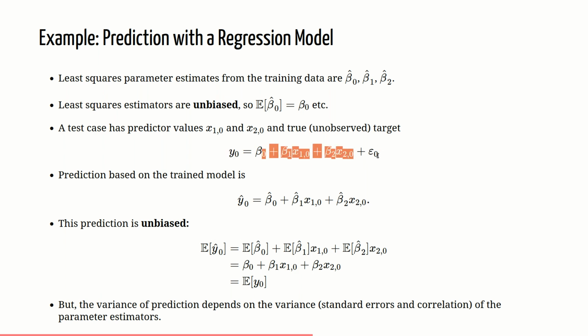The expectation of the error is 0, and so these two things are the same. So on average, the predictions from our linear model are going to be unbiased. So our bias is going to be 0. But the variance of our prediction is going to depend on the variance, the standard errors, correlation, and so on of these beta hats.